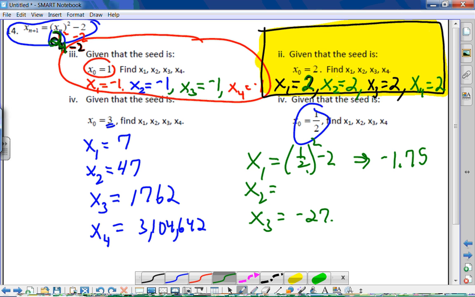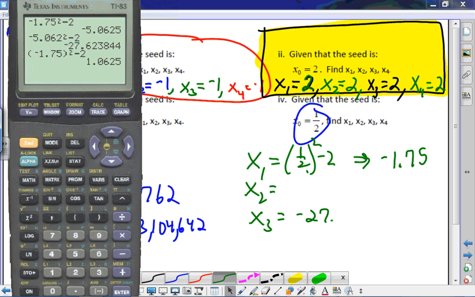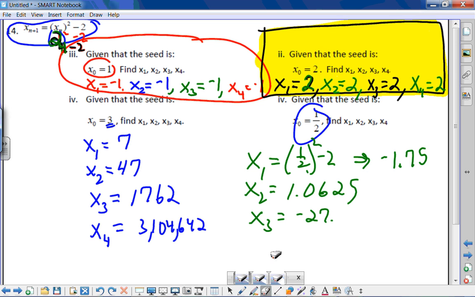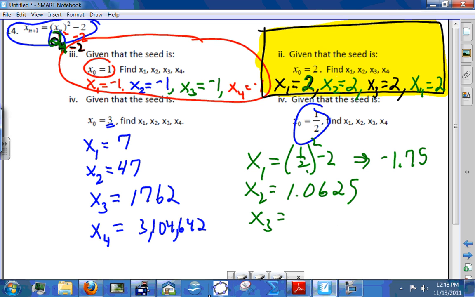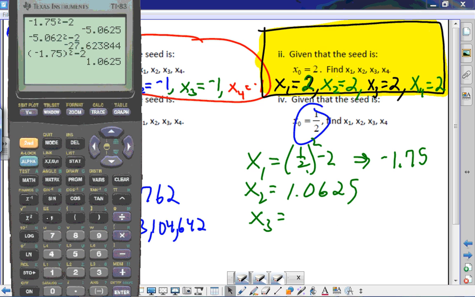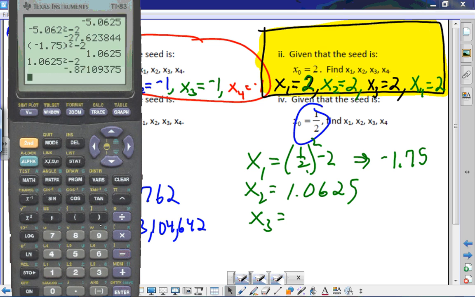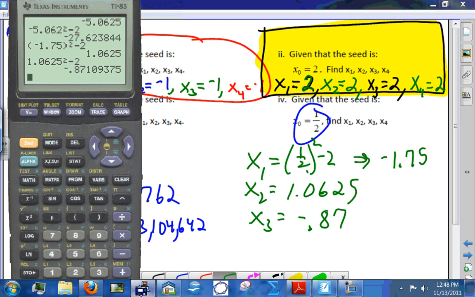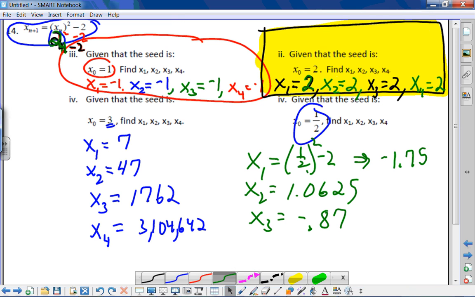So the second iteration is actually 1.0625. And the third iteration will be that squared decreased by 2, or about negative 0.87109375.